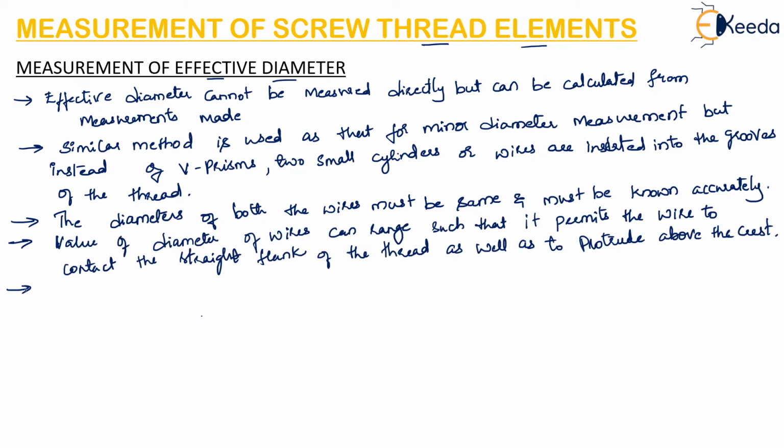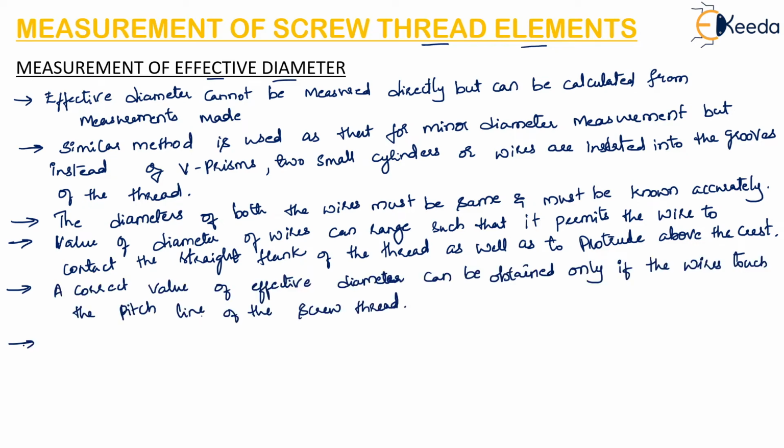A correct value of effective diameter will be obtained only if the wires make contact at the pitch line. So if you want to get the correct value of the effective diameter, we have to see that the wires which we are placing between the grooves touch the pitch line.